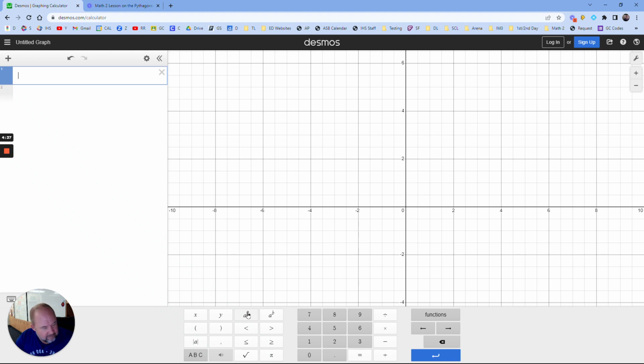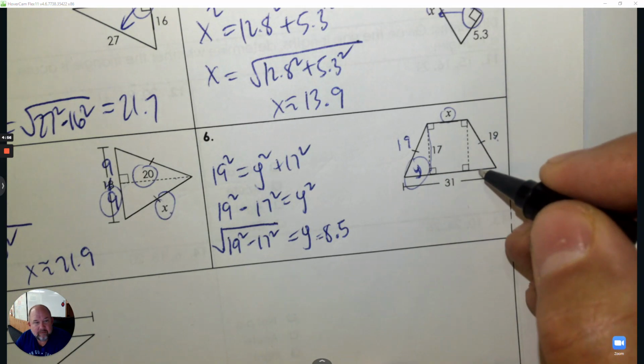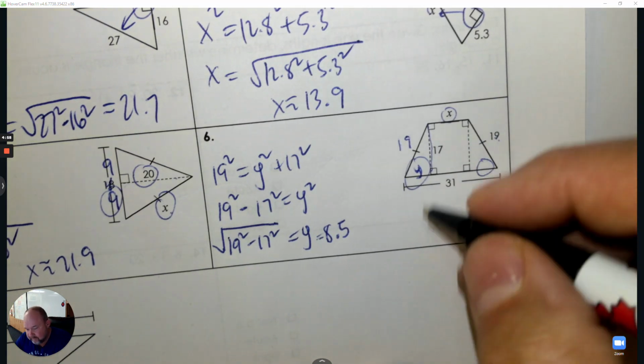So again, I'm going to go 19 squared subtract 17 squared. So that's 8.5. Then I'm going to think a little. If this is 8.5, this is also 8.5.